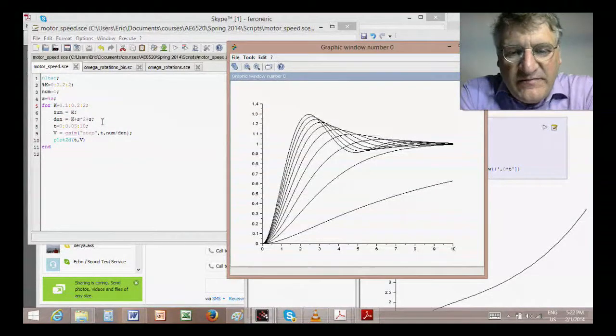As a result, I now have a design tool which is extremely powerful.